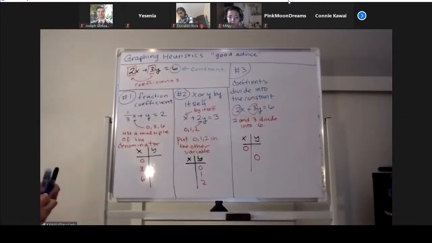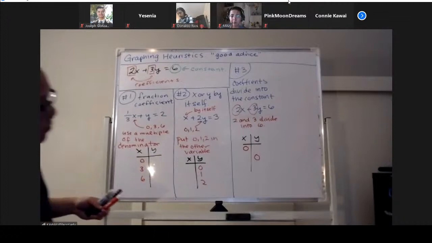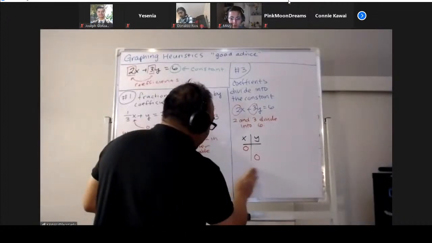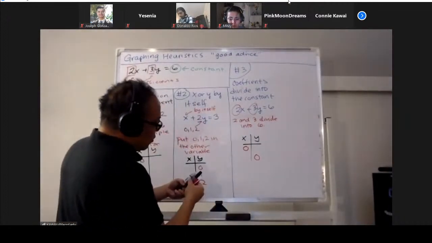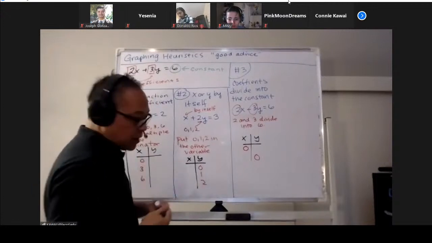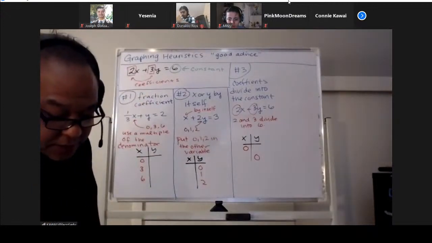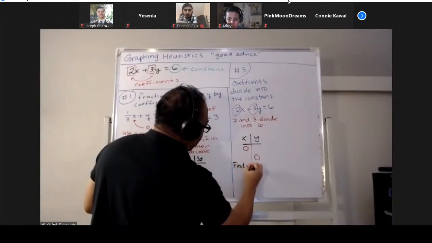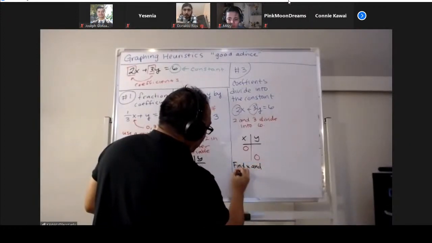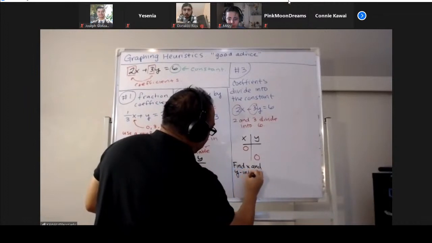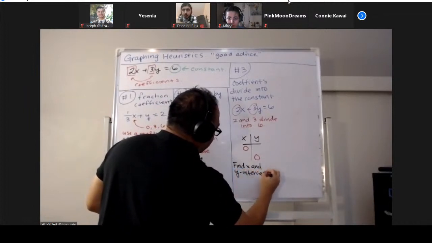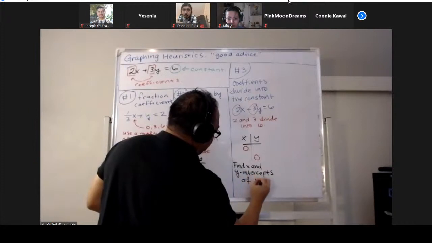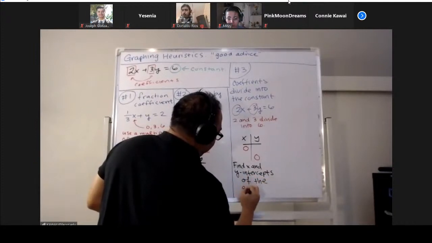Now, normally I don't give you any hint, but I think in XYZ, sometimes the way that they'll write this in your homework, it'll say find X and Y intercepts of the graph.